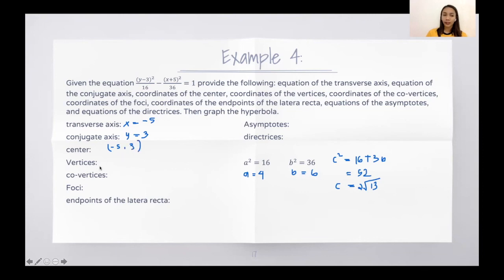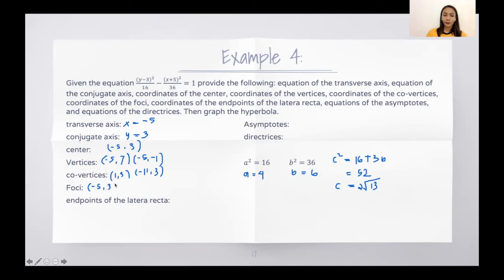Vertices, we have negative 5, 7, and negative 5, negative 1. For the co-vertices, we have 1, 3, and negative 11, 3.